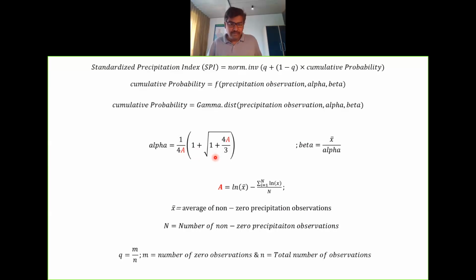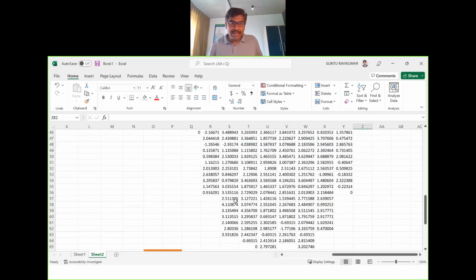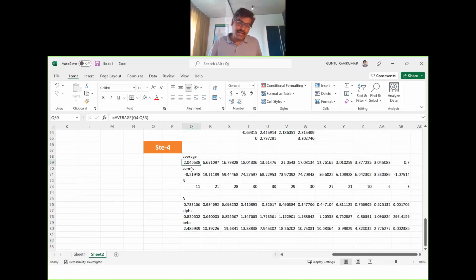So successfully, let me recap. We identified the non-zero observations, calculated the natural logarithm of each observation, then calculated the average, then the summation, and then capital A. Using capital A, we calculated alpha, and using alpha, we calculated beta.